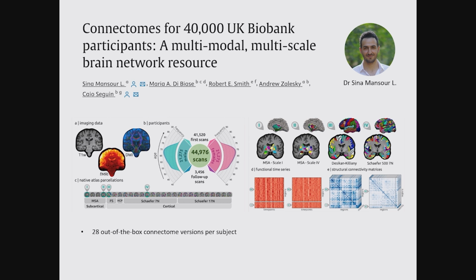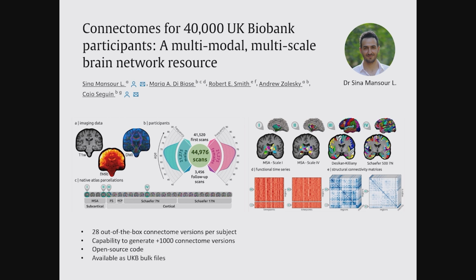So we have 28 out-of-the-box connectome variations per subject. These relate to different cortical parcellations, subcortical parcellations, pre-processing choices, etc. But Sina has also made some code that makes it really easy to generate even more variations of these connectomes, up to 1,000 different permutations of different pre-processing pipelines, at a very, very small fraction of the time that it would take if you were downloading this data and doing this yourself.